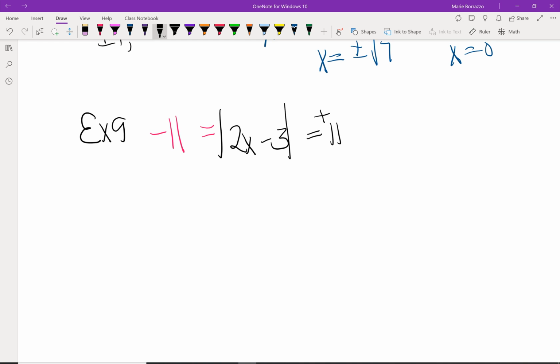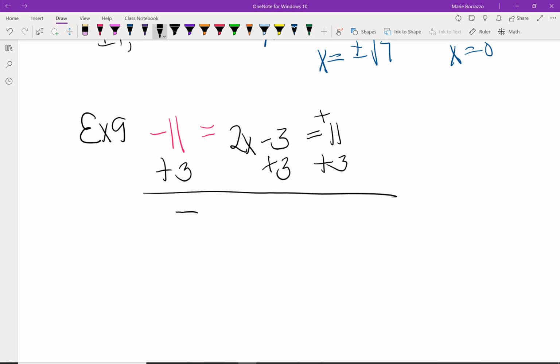Once you do that, you can literally take out the absolute value symbols and add your 3 to all 3 sides. So if you notice, in this case, you're going to get negative 8 is equal to 2x is equal to 14.